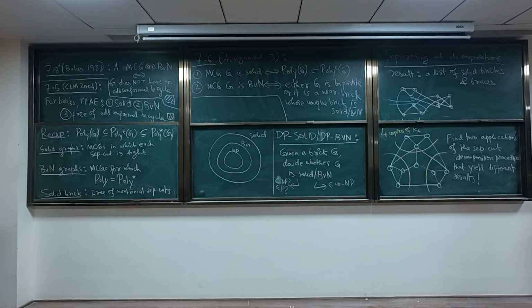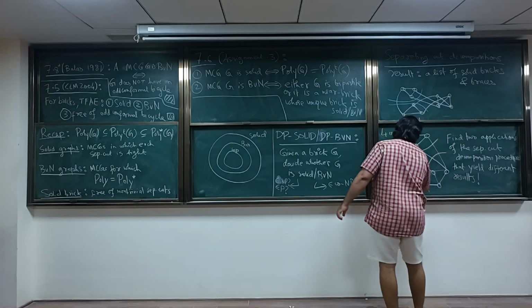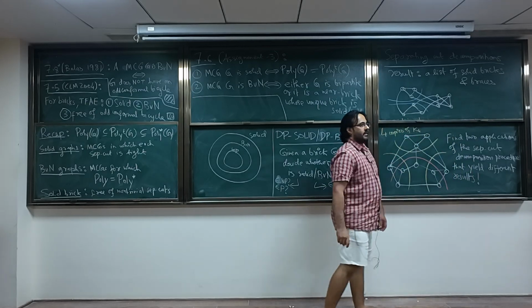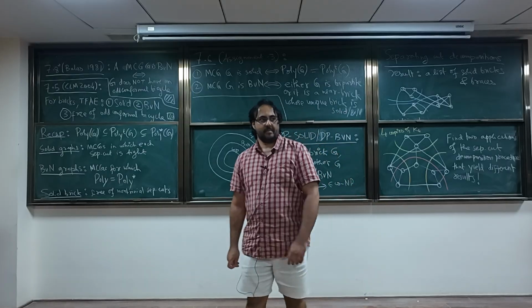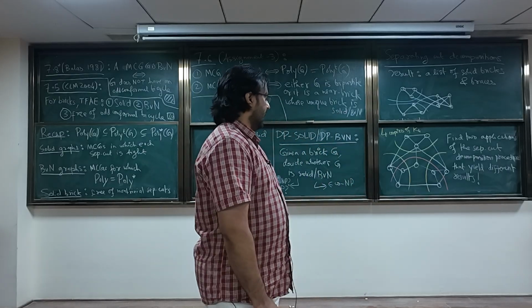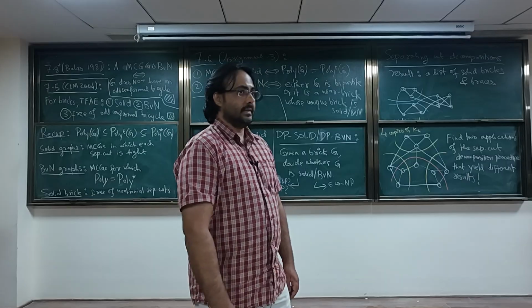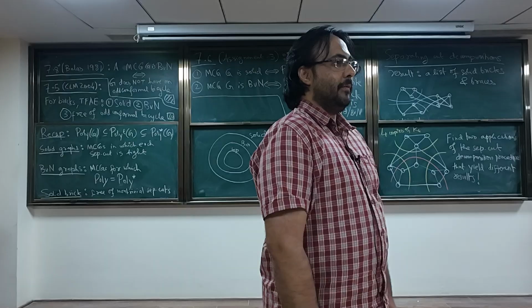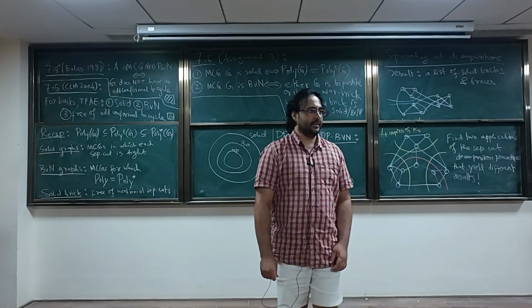Right, so it's this one. This one is a separating cut. The two contractions are W5 up to multiple edges.